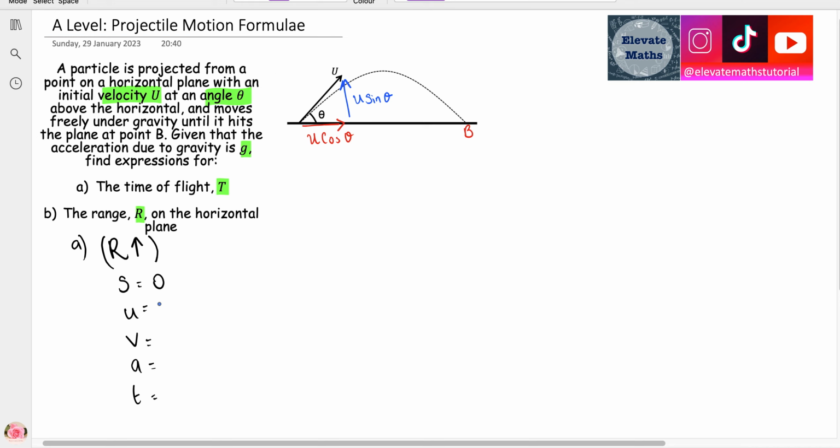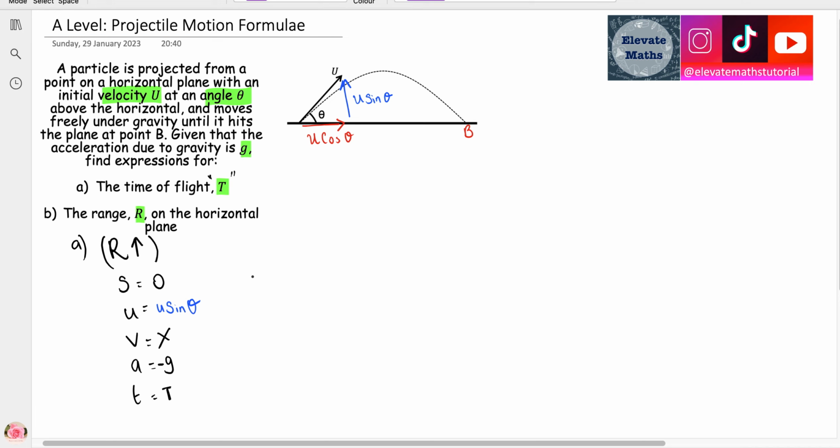The final velocity when it hits the ground we don't really need to know. Acceleration: it's falling freely under gravity, so it's g. If you resolve upwards as positive, that's going to be negative g. And time is what we need to calculate, so let's put that as a capital T. That's what they're asking us to find.